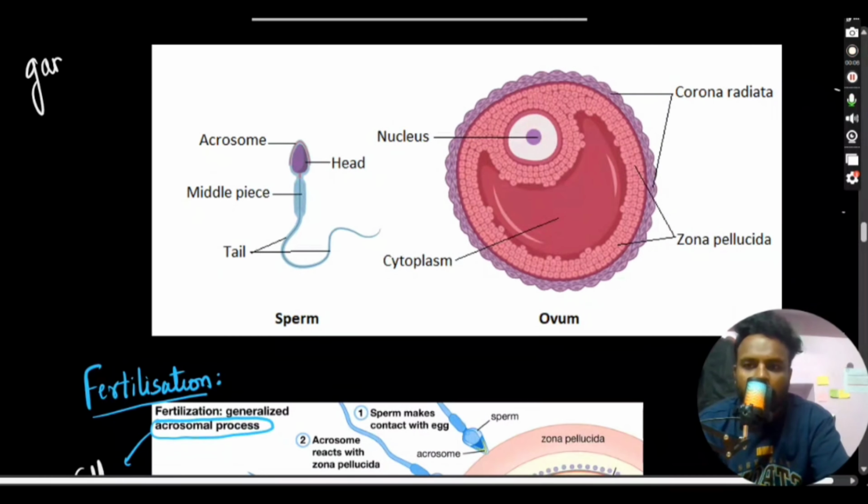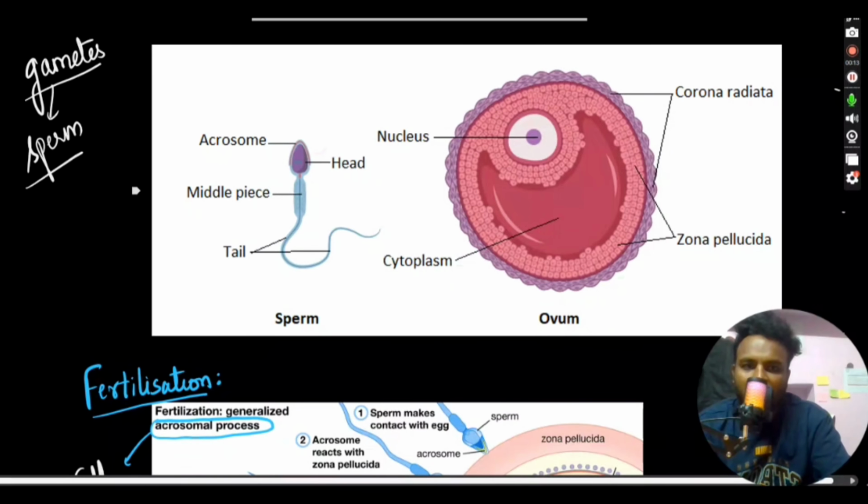Then we have seen gametes. The male gamete is called the sperm cell. The sperm cell structure will be like this, alright? The sperm cell has a head, middle piece and tail. The middle piece has mitochondria, which power the movement. It should be moving so it can penetrate into the egg or ovum.